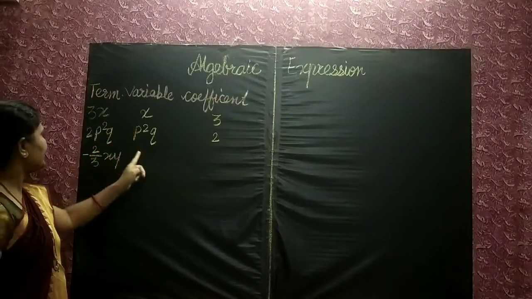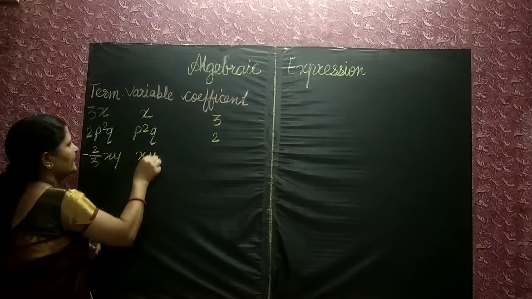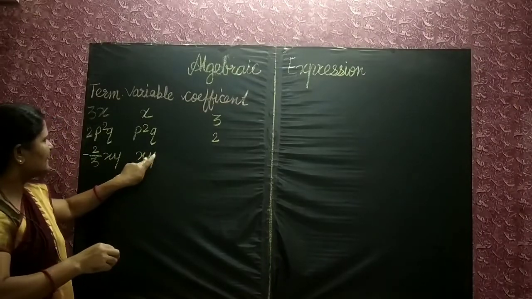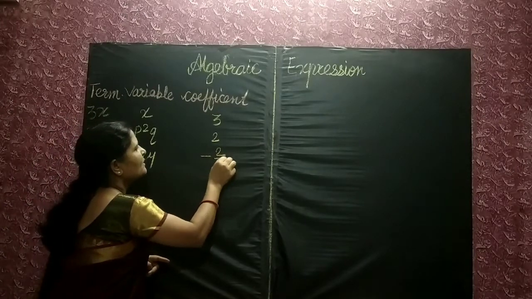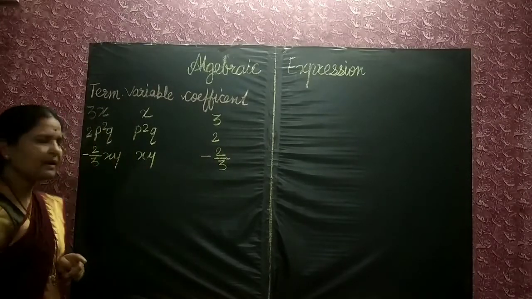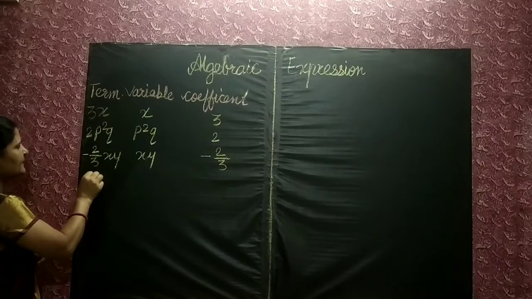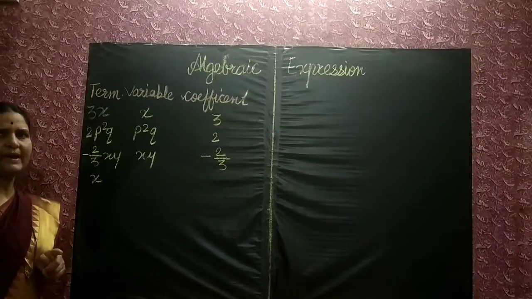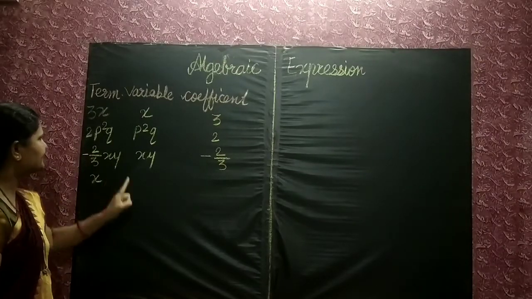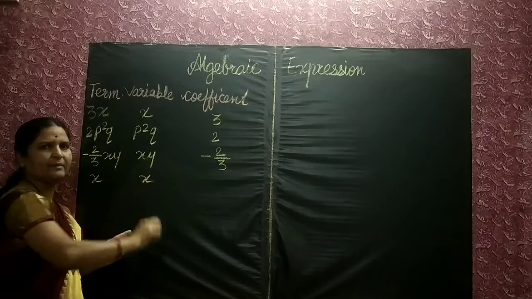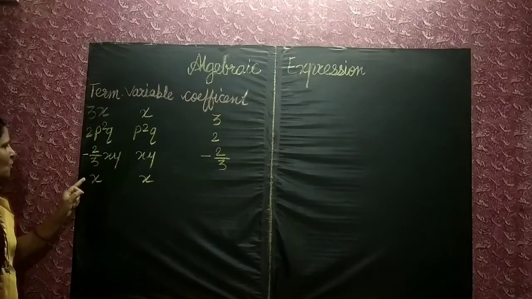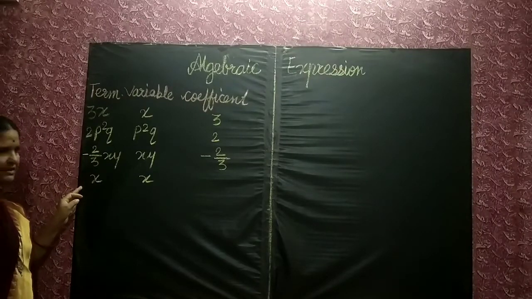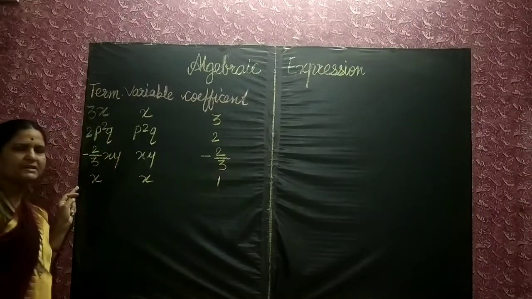Here x and y, these two, are the variables, and the coefficient is negative 2 upon 3. Now, x. Which is the variable? x is the variable. And which is the coefficient? Here there is no written coefficient, which means 1 is the coefficient.